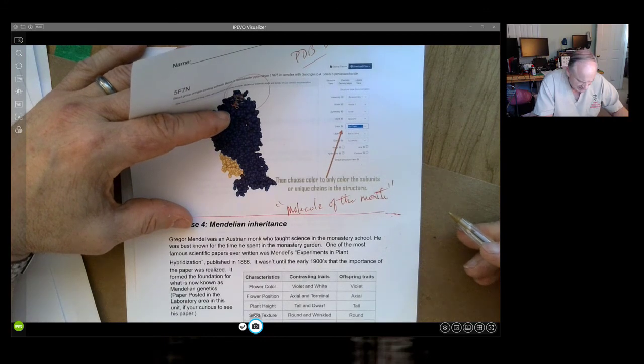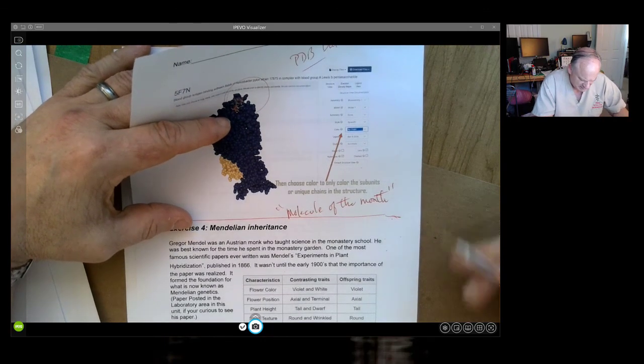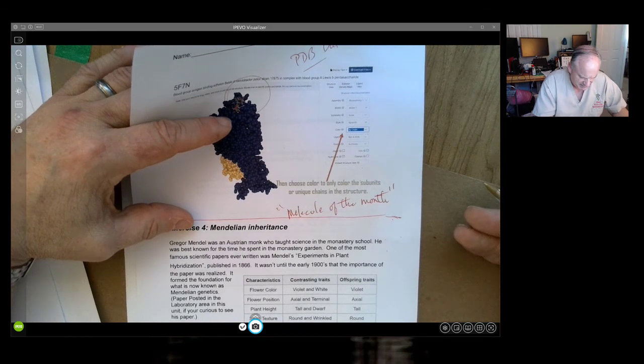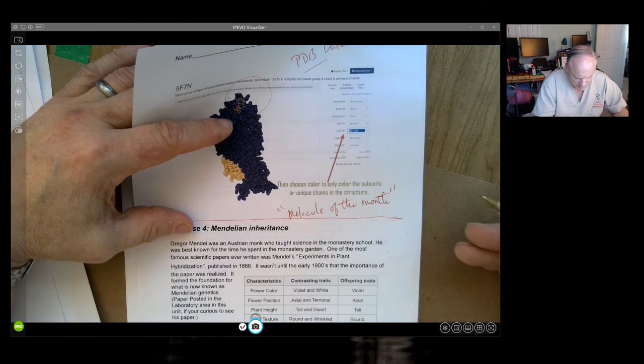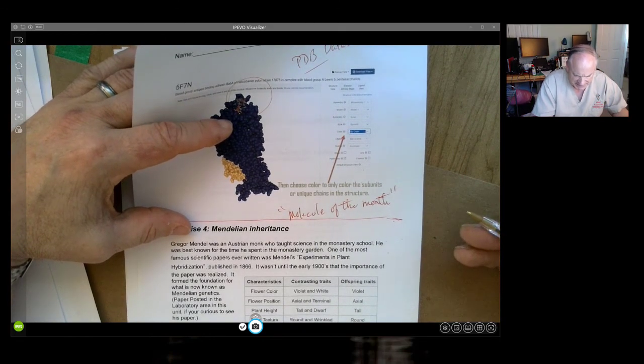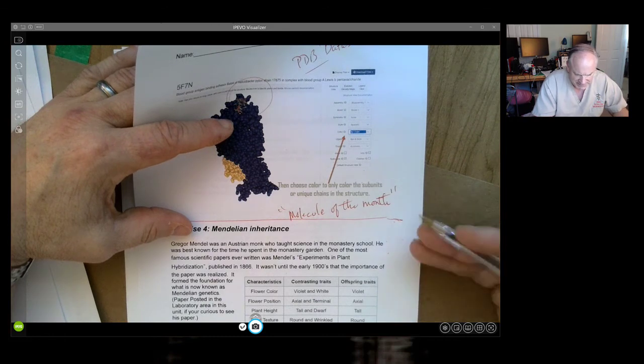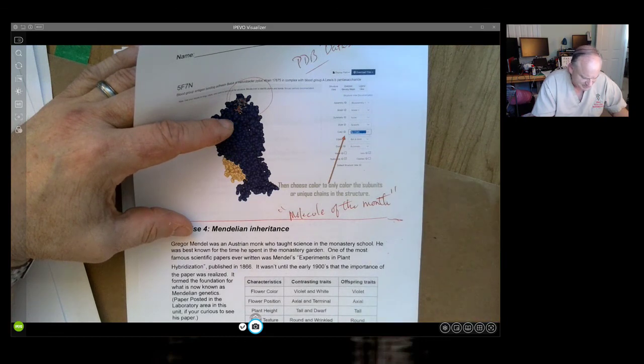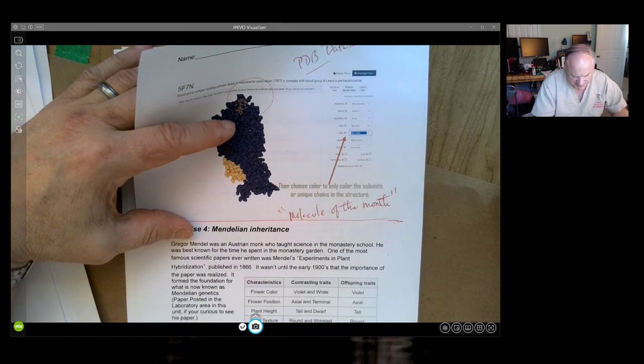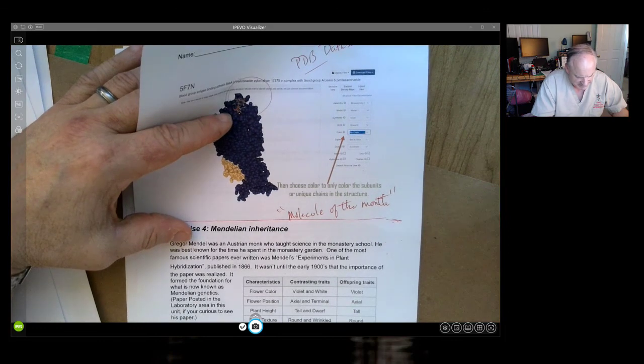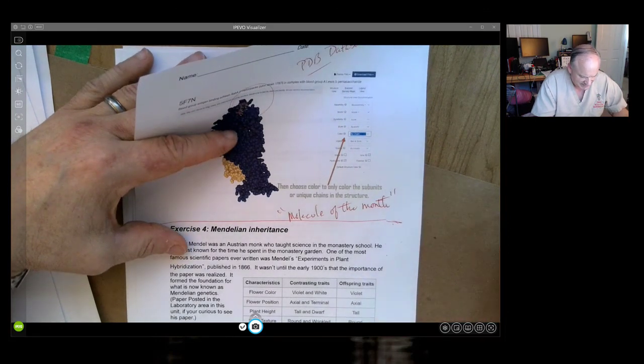He was trained as a classical scientist, and because of financial worries, he joined a monastery. In those days, the monks would itinerate. In other words, they would go from one monastery to another on a regular basis.